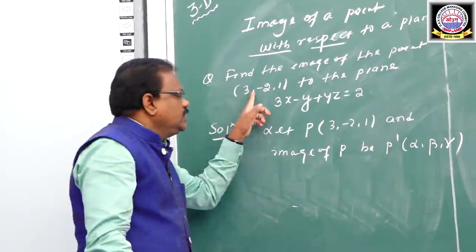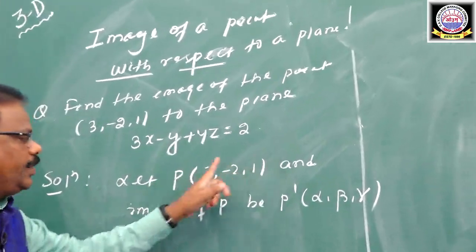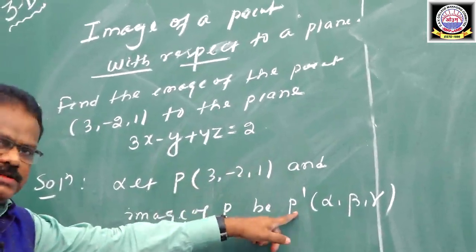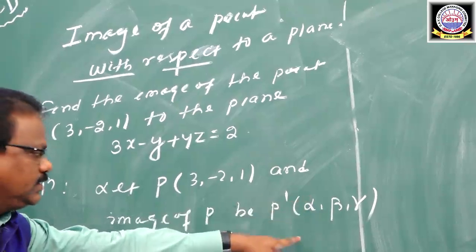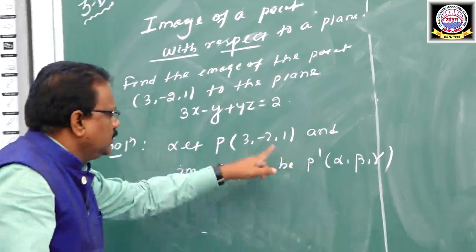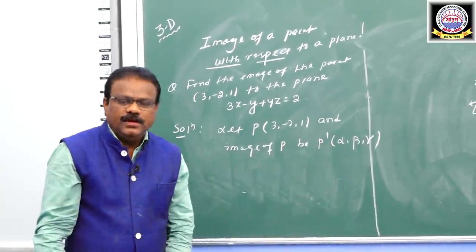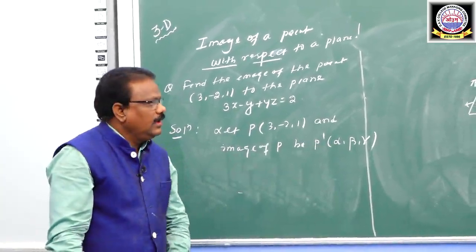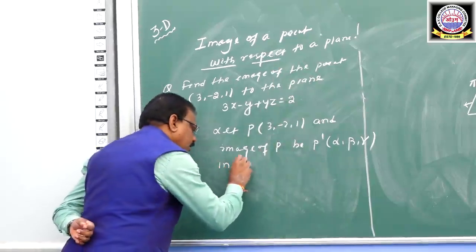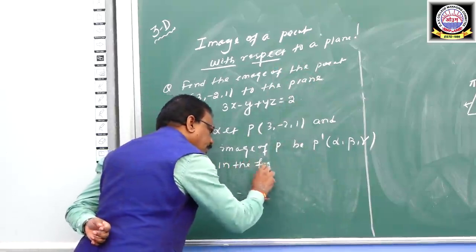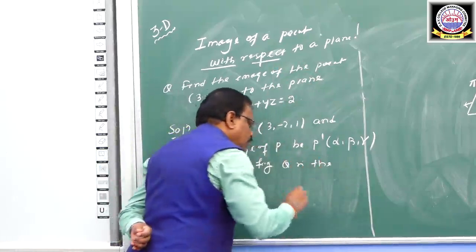I have chosen this point as P and I assumed the coordinates of the image of the point P to be P dash, with coordinates alpha, beta, gamma.